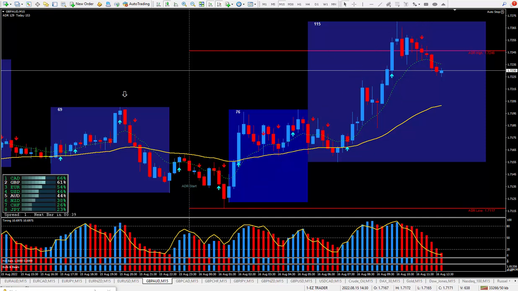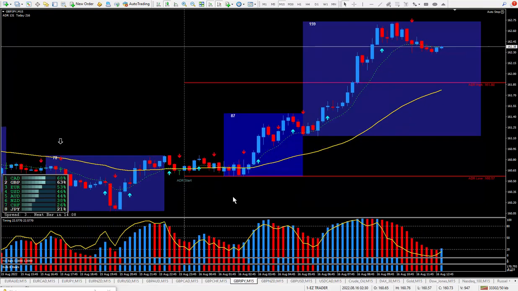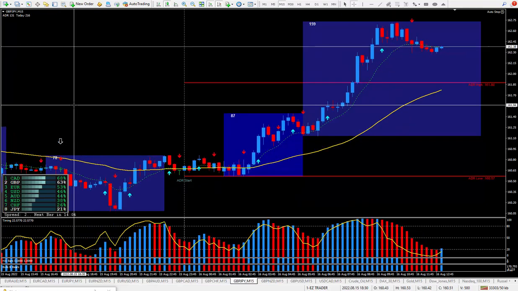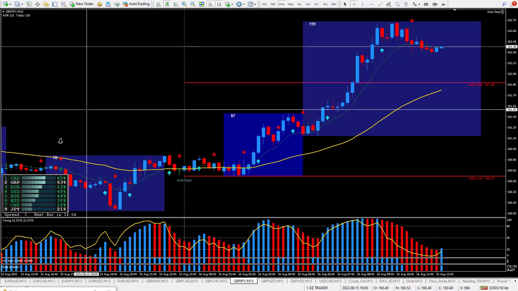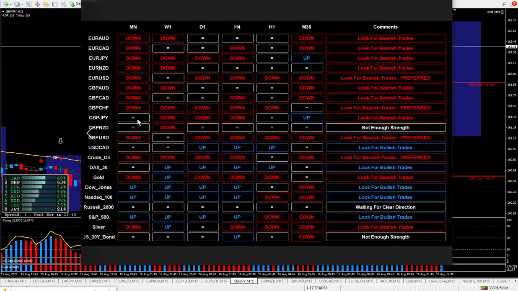Okay, looking at another example, pound CAD market is not open. Pound Swiss, it's not open. Pound yen is a good one, as I mentioned, anytime from 7 o'clock, and 7 o'clock is right about here. So, the daily trade plan, let's see, pound yen, what did it say? Pound yen, look for bearish trades.